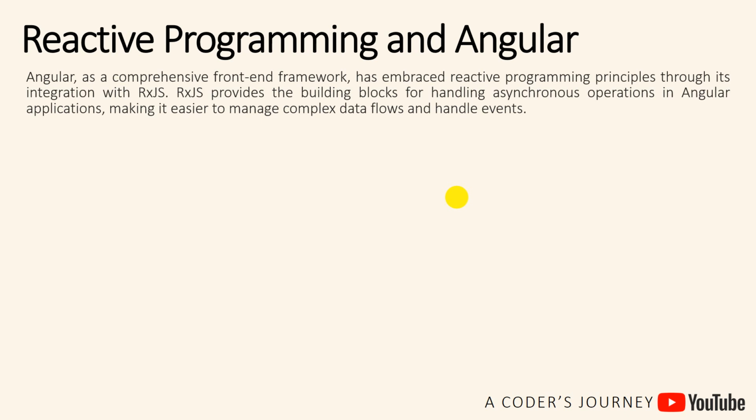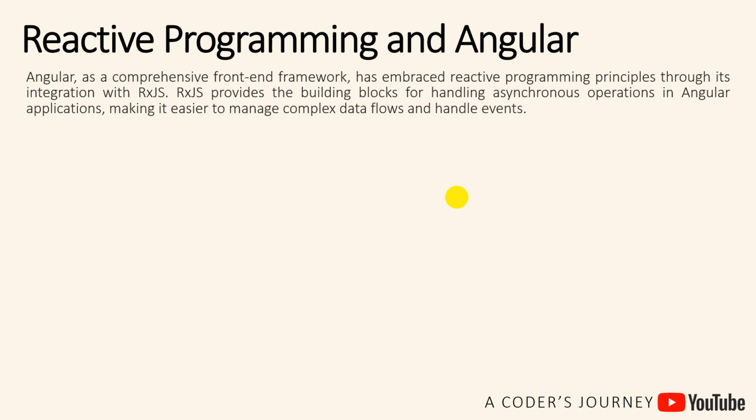RxJS provides the building blocks for handling asynchronous operations in Angular. What are some of the asynchronous operations in Angular? Working with an HTTP endpoint, right? And it makes it easier to manage complex data flows and handle events. Remember, reactive programming and RxJS, more often than not, it is about an asynchronous data stream.